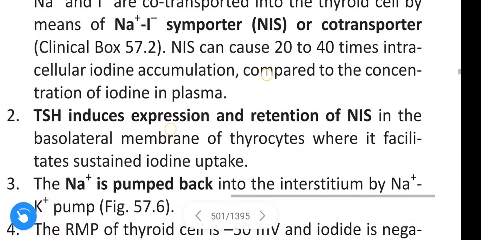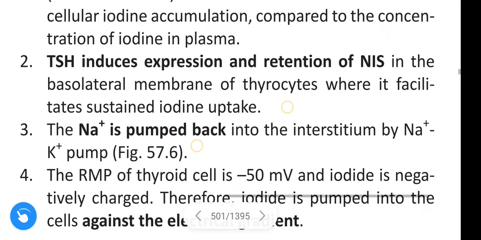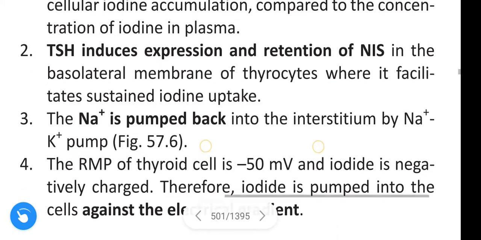Next, thyroid stimulating hormone. Thyroid stimulating hormone induces expression and retention of the sodium iodide symporter in the basolateral membrane of thyrocytes, where it facilitates sustained iodine uptake.